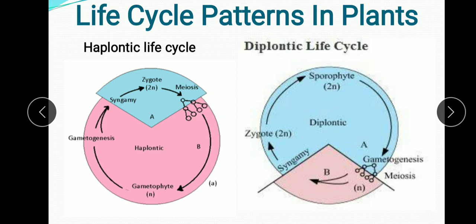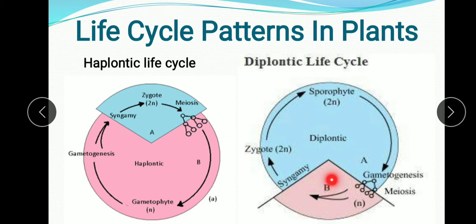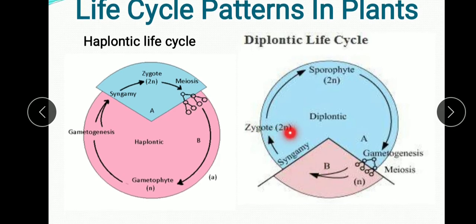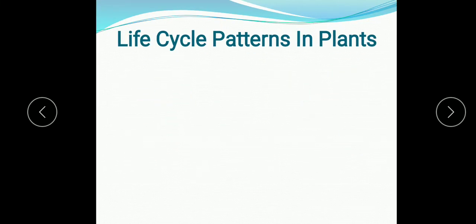These gametes fuse, that is syngamy, and then they form the zygote, and this diploid zygote further develops into the sporophyte. So in the diplontic life cycle, the sporophytic stage is the dominant one. In the haplontic life cycle, the gametophytic stage is the dominant one.